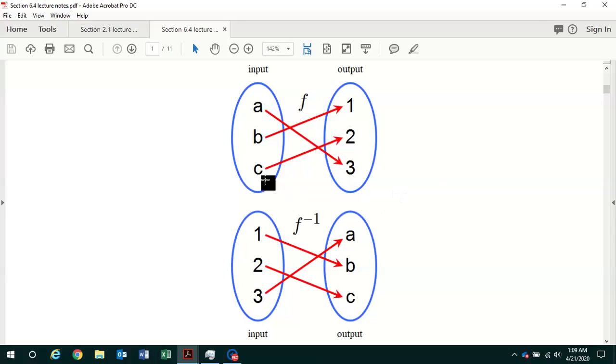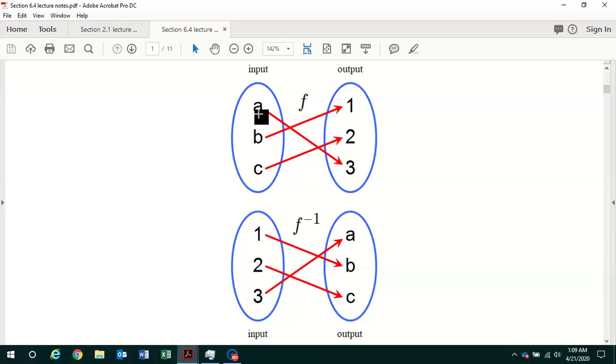Now, this function is a one-to-one function if we can switch the role of the output and the input. The output numbers 1, 2, 3 are now the input numbers down here, 1, 2, 3, and the input letters A, B, C up here are now the output letters down here. And then we switch the direction of each of the arrows.